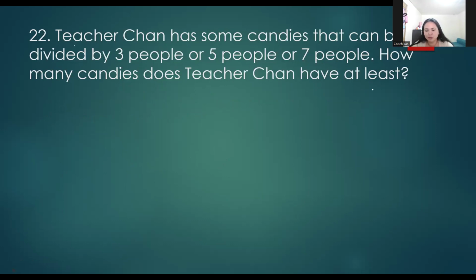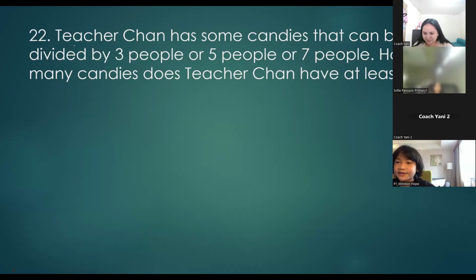How about this one? Winston. Where is Winston? Teacher Chan has some candies that can be divided by 3 people or 5 people or 7 people. How many candies does Teacher Chan have at least?